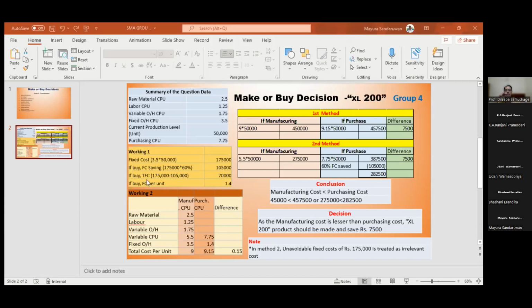Ma'am, 9.15 includes the 7.75 purchasing cost plus the 40,000 fixed cost. That is 1.4 rupees per unit.